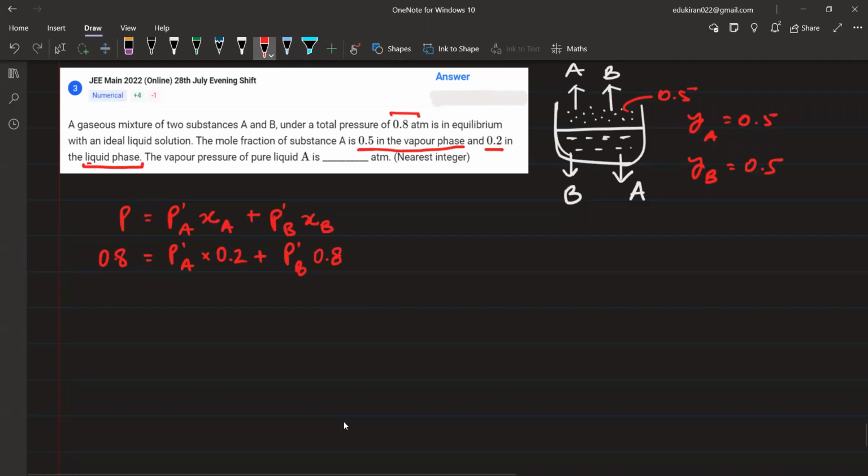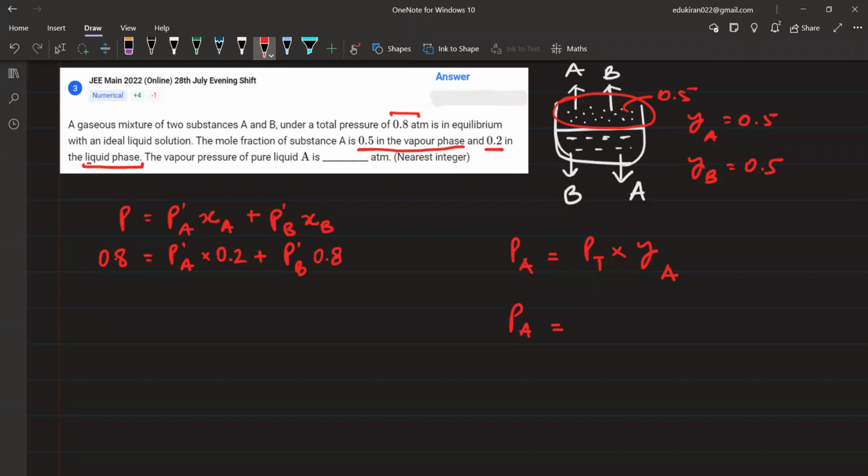Acha. Can we say this? The total pressure that we have here, okay? The PA will be equal to the total pressure into whatever the mole fraction we have here in the vapor phase. Can we say that? है ना? तो यहाँ पे total pressure तो PA कितना आ जाएगा?